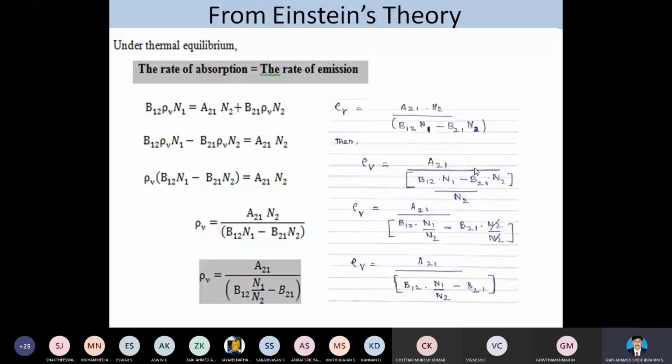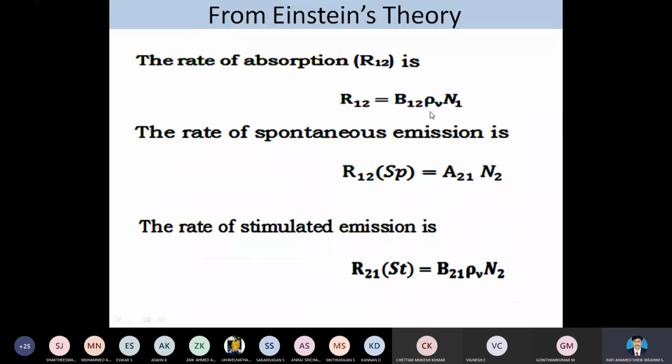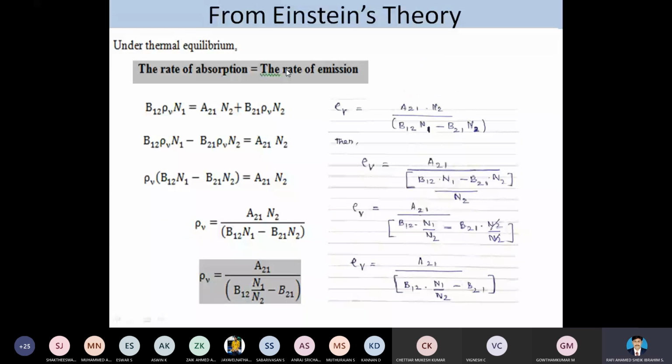You can see here I have placed the equations. Rate of absorption, B12 rho V N1, this value equals the rate of emission. According to Einstein's assumption, emission is of 2 types: spontaneous emission and stimulated emission.